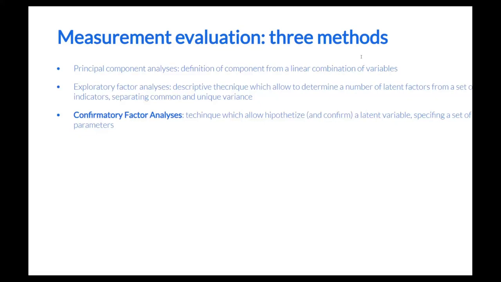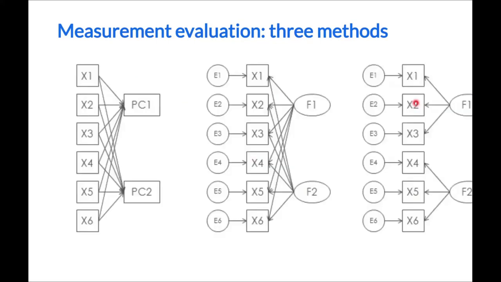How can we compare these in a representation way? We can observe the principal component analysis. The line goes from the indicators to the principal components. It's a linear combination, or weighted average. That is the typical way to approach principal component analysis.